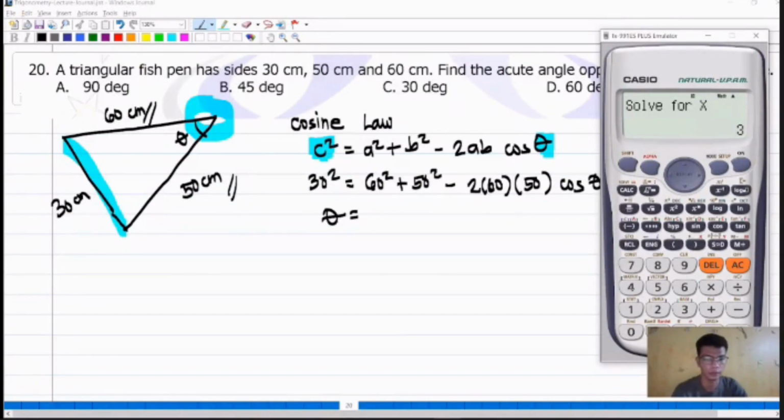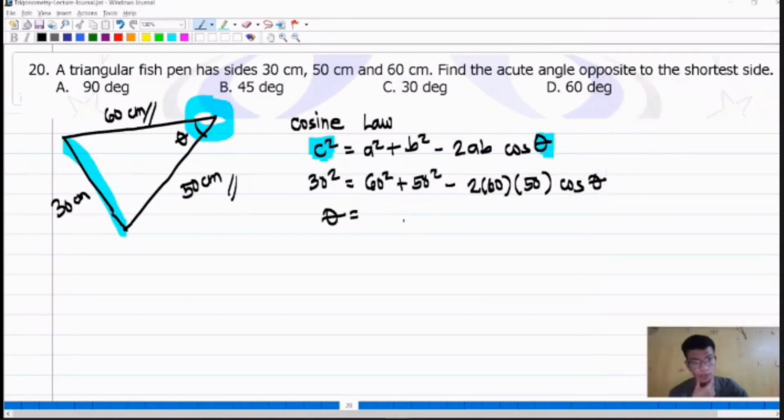For example, 45. Select it. So, ilalabas pa rin naman ng calculator yung mismong correct answer, which is 29.926 degrees or approximately 30 degrees. The answer is letter C.